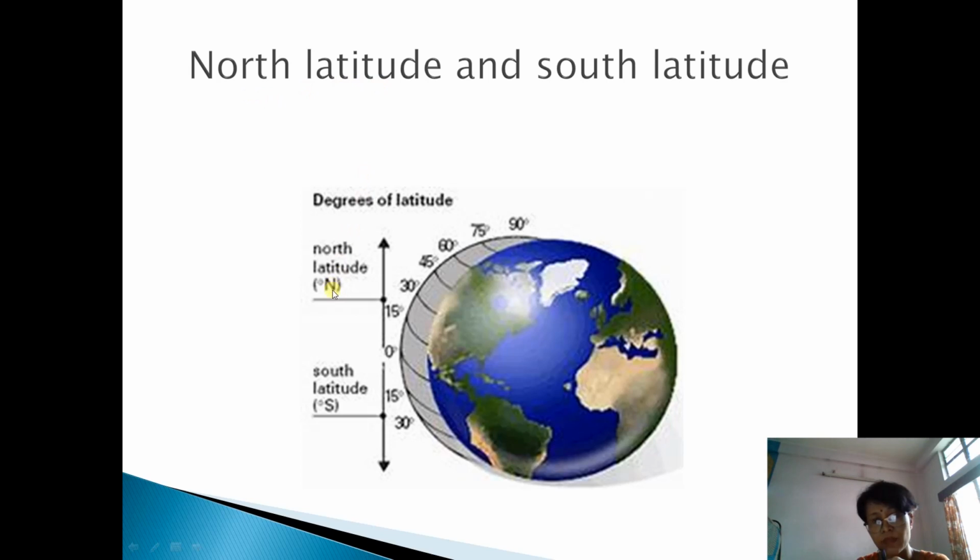And you see this N, in short form, capital N we are using for north latitudes. Then from 0 degree to the south pole, total 90 parallels or latitudes are there, which we can say as south latitudes, and we write it with degree and capital S.